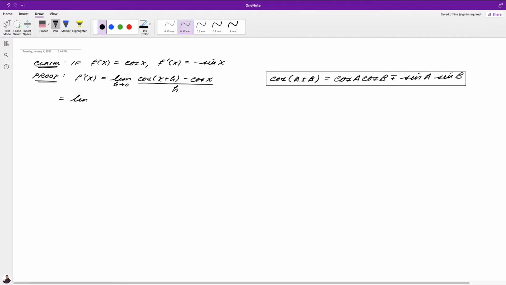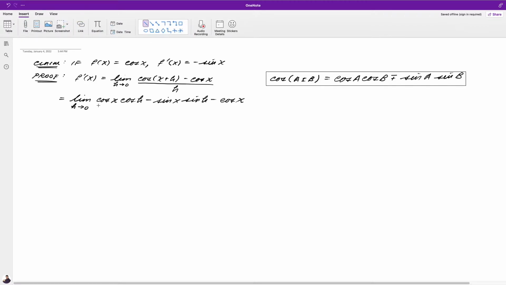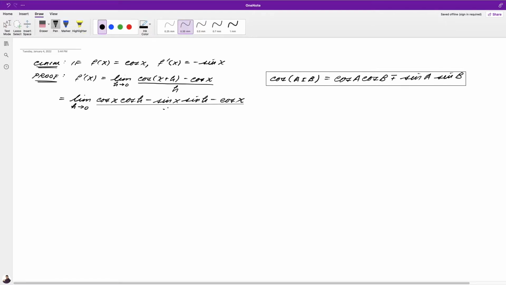This is going to be equal to the limit as h trends to 0, using our expansion, of the cosine of x times the cosine of h minus sine of x sine of h minus, of course, cosine x, and then all of that over h. Well, we can certainly factor a cosine x out of the first and third terms.